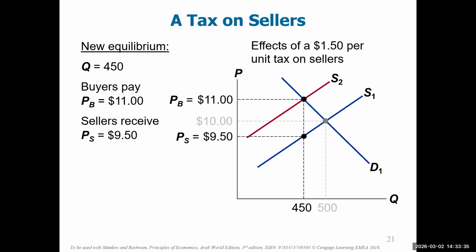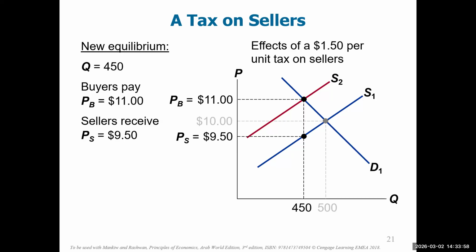And see, something very interesting is happening here, okay? Supply reduces. Now you will think that the $10 that used to be priced should be $11.50, right? Because the tax is $1.50. But no, that's not going to happen. See, the price is only increased to 11.